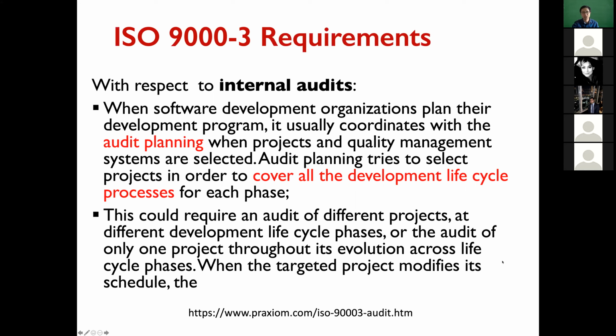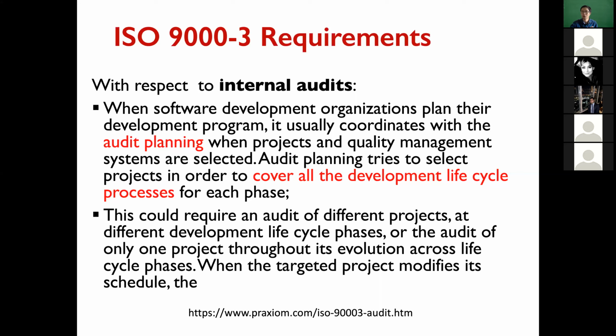So the internal audit should select projects to cover the whole development lifecycle process, each phase. For example, your organization may develop 5 software projects in the next year. You may choose 4 of them in the audit process, and each project may cover one development phase.